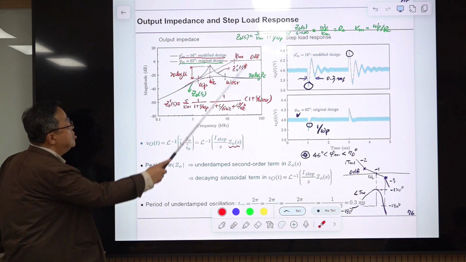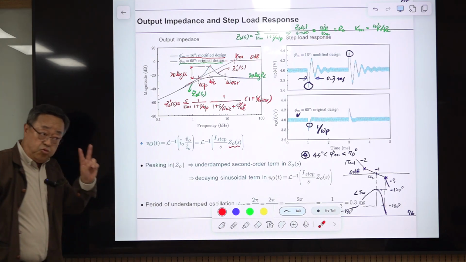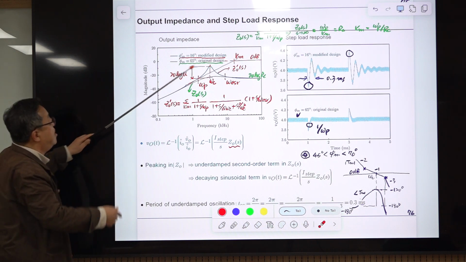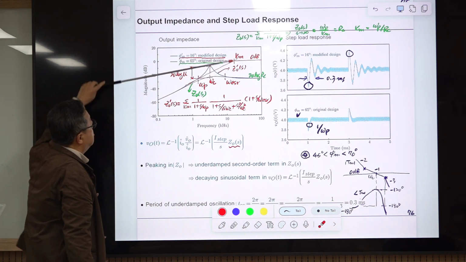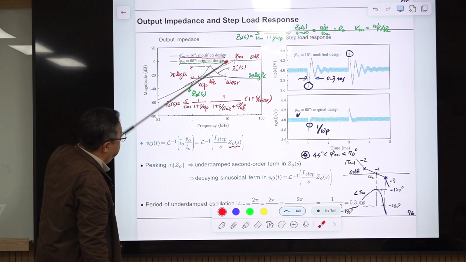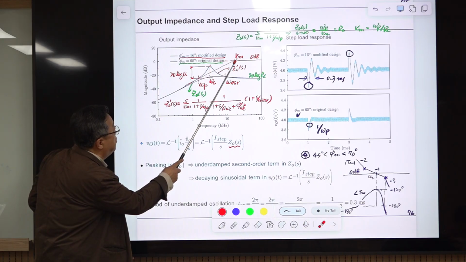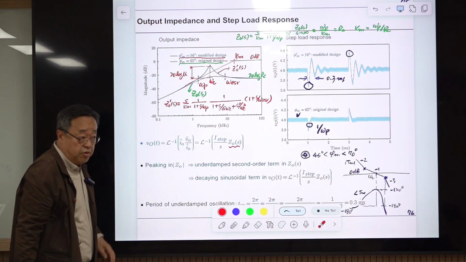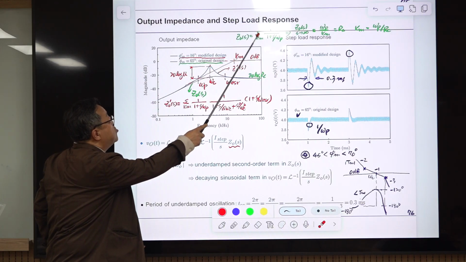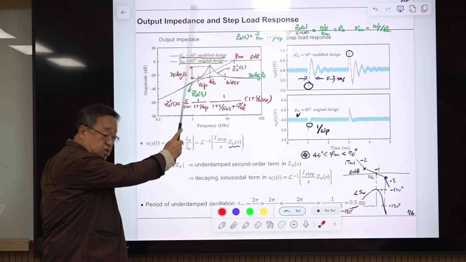The problem is to evaluate this. There are two different ways of evaluating it. One is you extend this line segment, and where it crosses the 0 dB line at the crossover frequency is Km. So if you read this as 1000, Km is 1000, because when omega is 1000, this becomes 1, which is 0 dB.